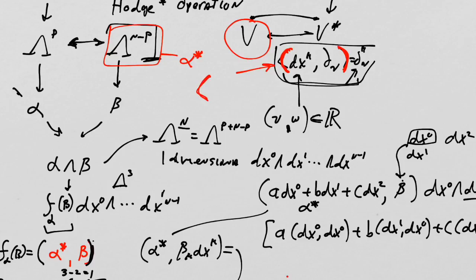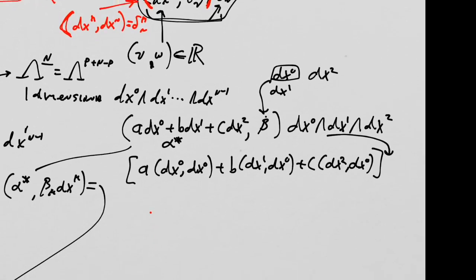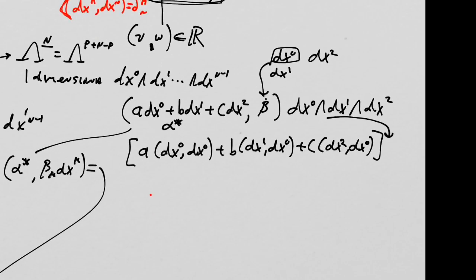We know that dx mu dx nu equals delta mu nu. We've chosen that basis. And in the coordinates basis, it's already true no matter what. But we can always choose this orthonormal basis when we have our inner product. So given that our underlying basis vectors are orthonormal, this and this go to 0. That and that go to 0.